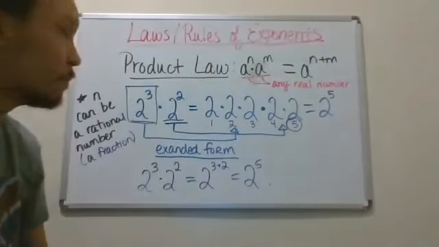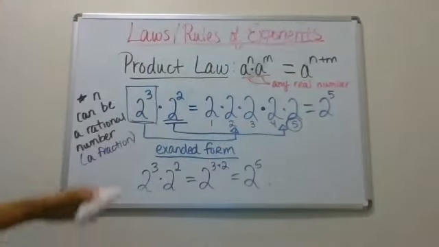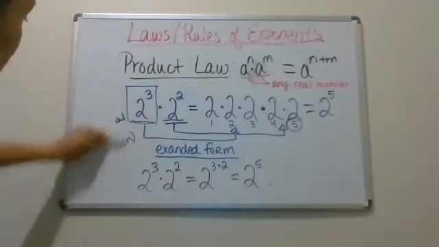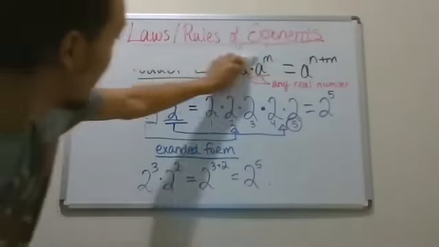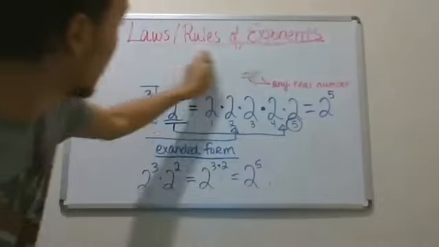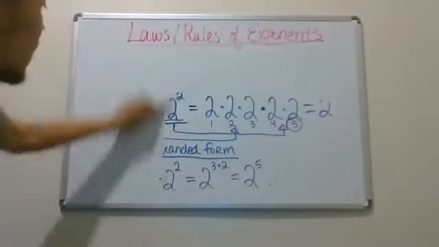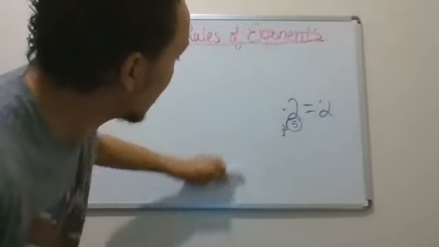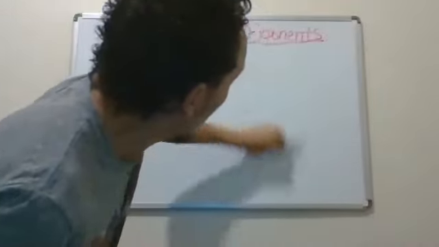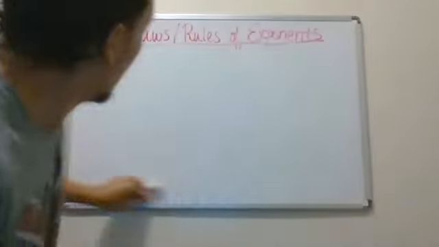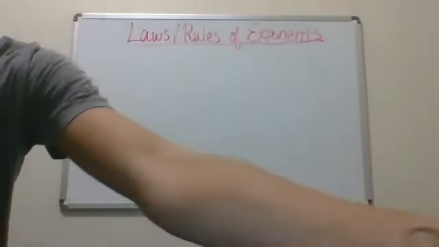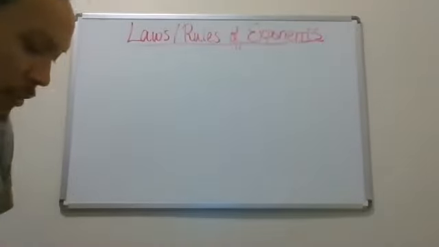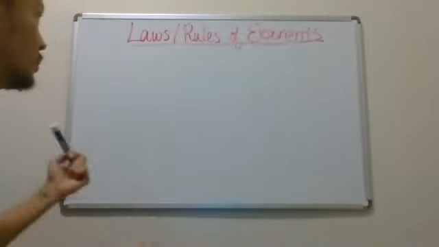All right, perfect. So moving on. I want to discuss the next law, which is quotient law, okay? As we know, the inverse of multiplication is division. And so therefore, we should utilize the inverse of addition, which is subtraction, when we deal with quotient law.